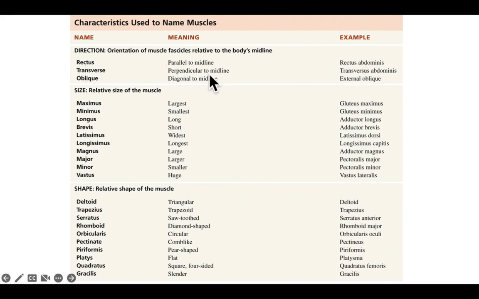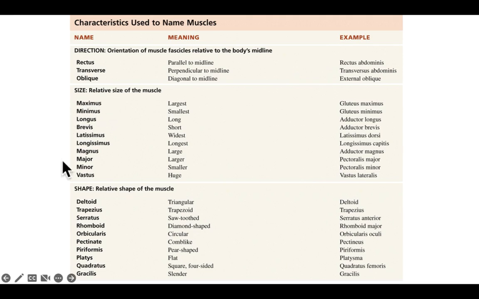If you're perpendicular, so now instead of running vertically, you run horizontally, we use transverse. So the transversus abdominis runs horizontally or transversely in the abdomen. And then if you run on an angle or diagonal to a midline, we use the word oblique. So your abdomen has a rectus, a transversus, and 2 obliques, an external and an internal.